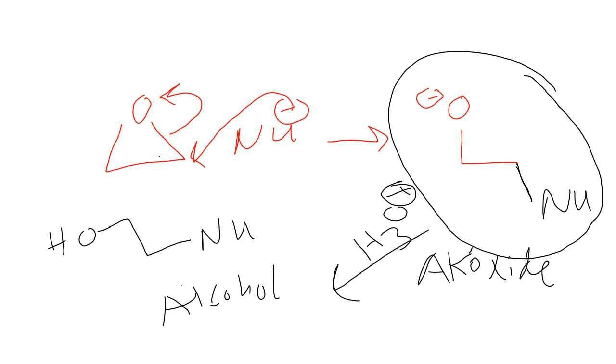Okay, so this is simply what epoxides are. What you need to know about epoxides is that they're very reactive. They're a very special type of ether. They're not the same as the previous ethers we have seen earlier, and they react very quickly with any nucleophile.